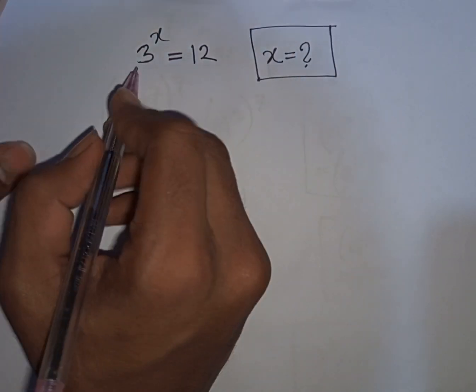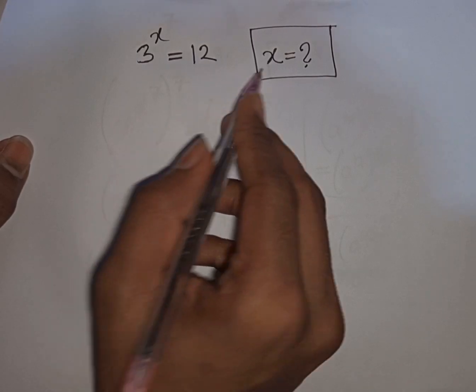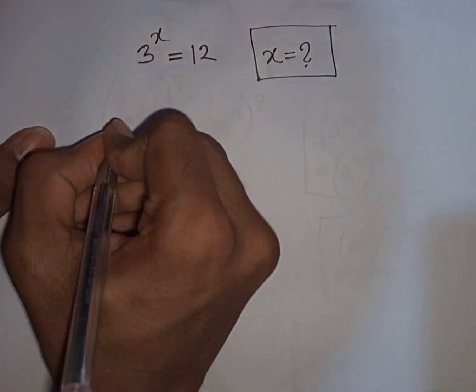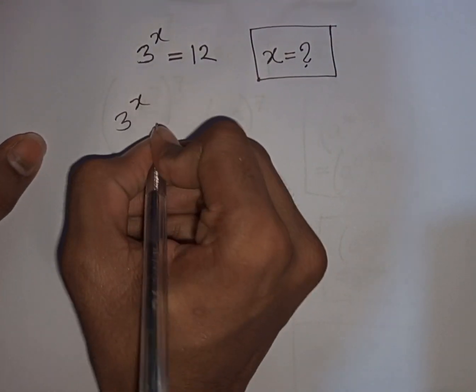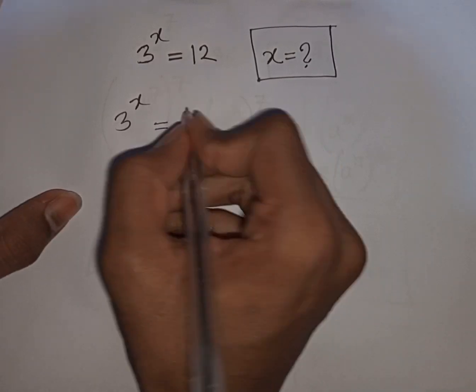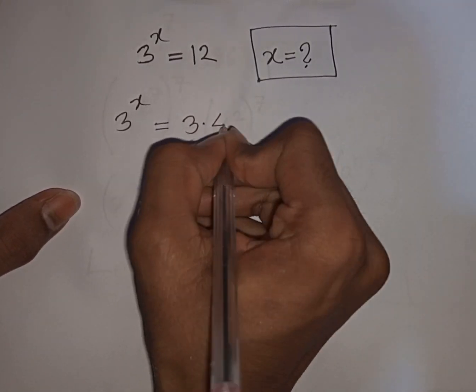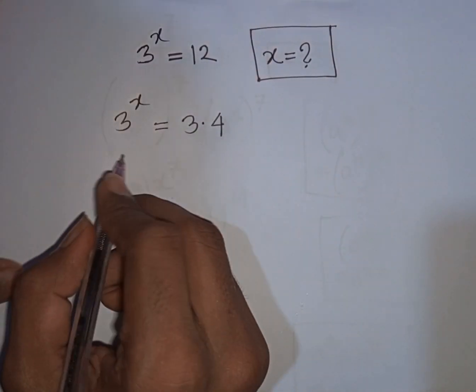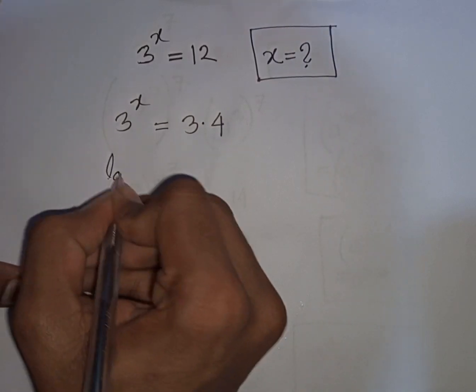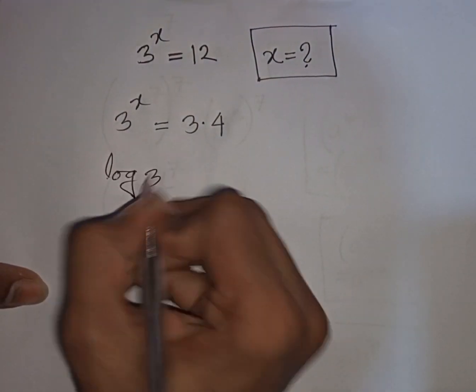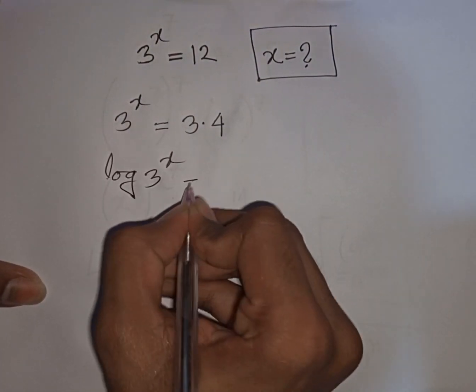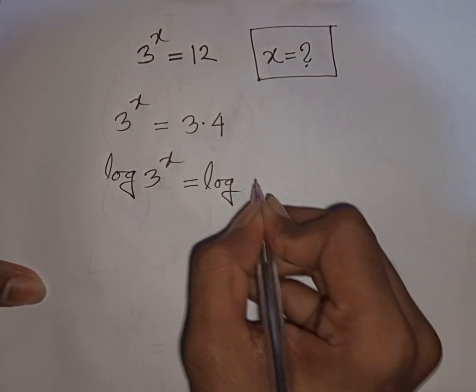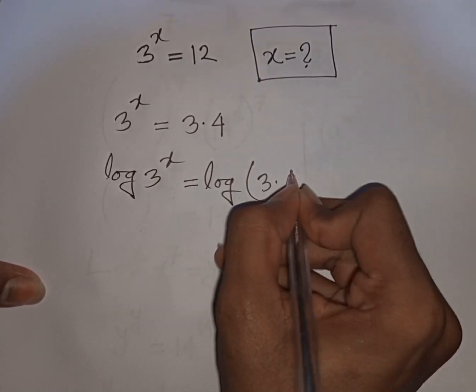How to solve 3^x = 12. Find the value of x. So we have 3^x is equal to 12, which can be written as 3 times 4. Now we take log on both sides. So you can write log of 3^x is equal to log of 3 times 4.